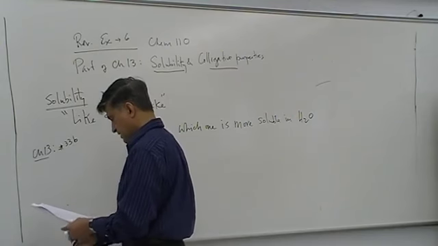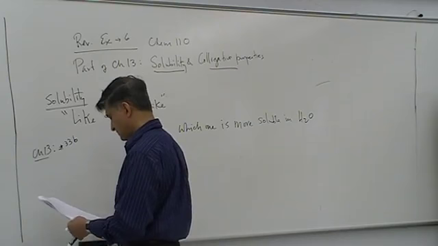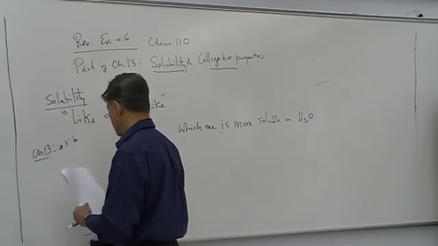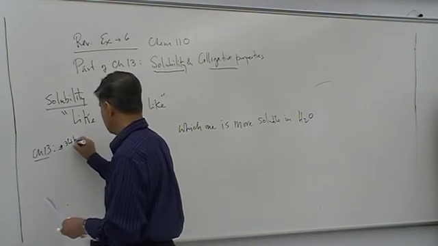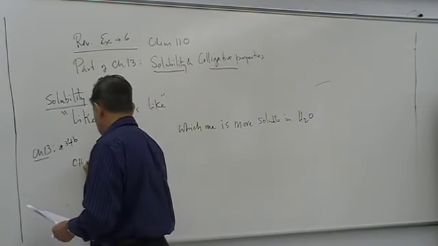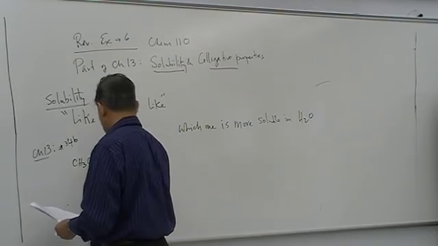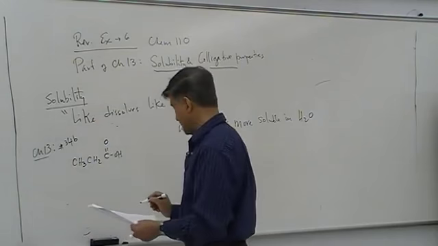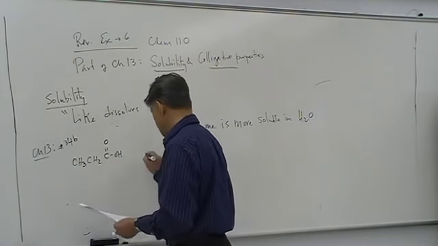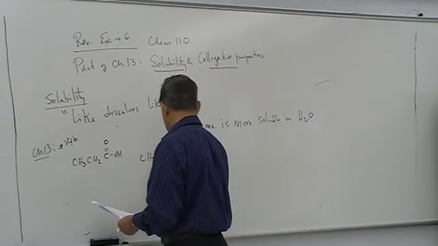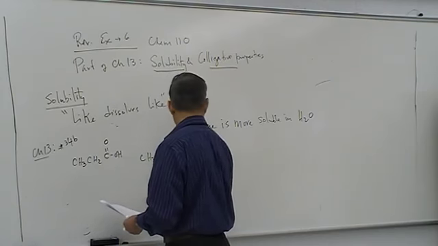Okay, I'm going to pick 34B. Again, that's from chapter 13. It's one of the assigned problems. CH3CH2COOH. It's an organic acid. And the next one is CH3CH2COO minus.